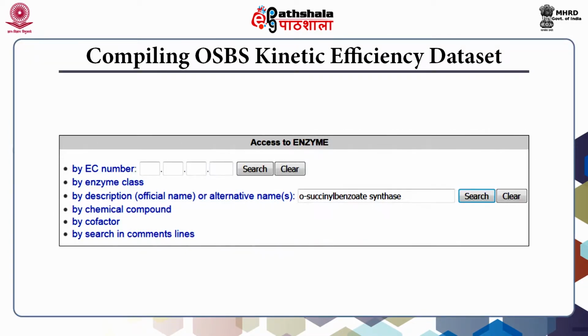But before identifying the amino acid residues affecting the performance of OSBS, let us check if kcat and Km values are available for mutated OSBS analogs. Therefore, visit the enzyme database at ExPASy and search for orthosuccinyl benzoate synthase.